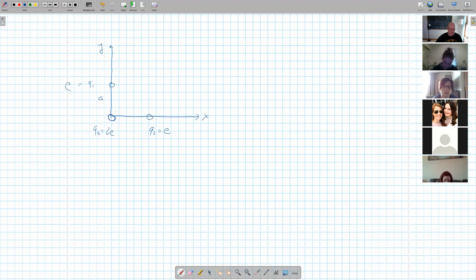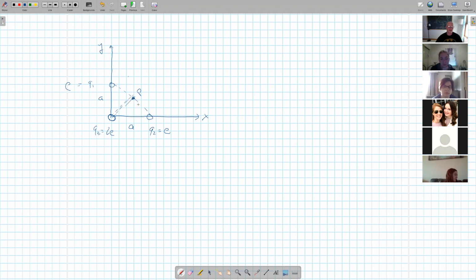And then what we're looking for is at the point P, this location here. So this is P. So basically imagine this is a square, so it's directly at the center of the square.